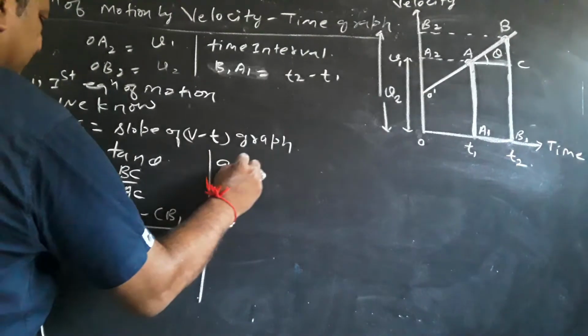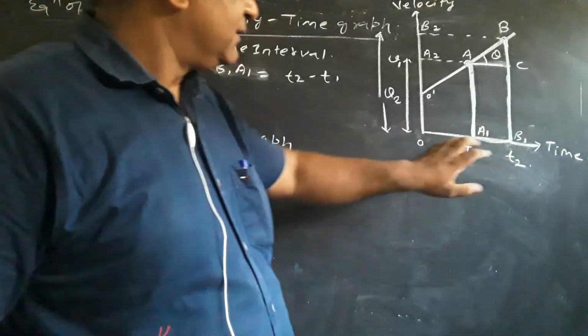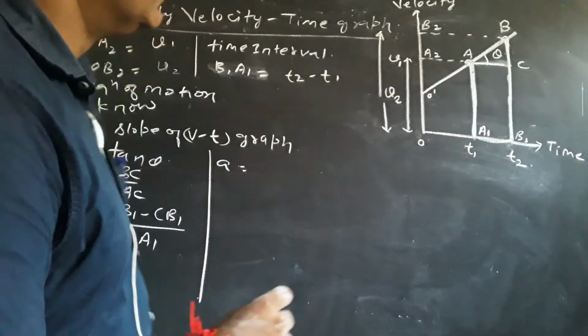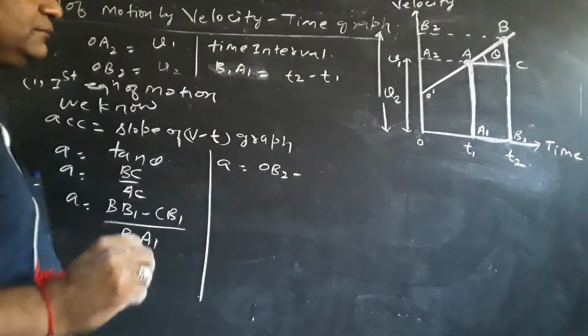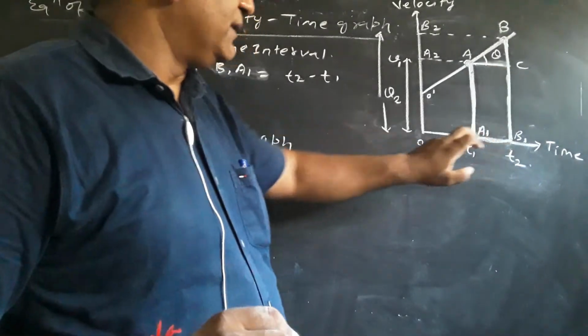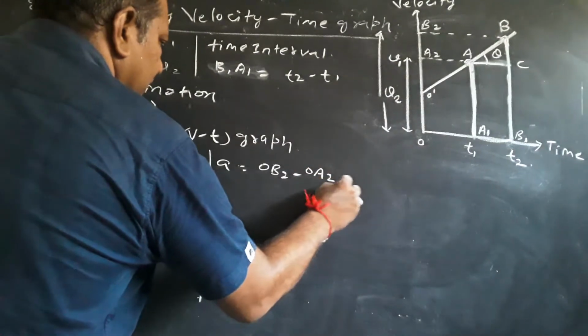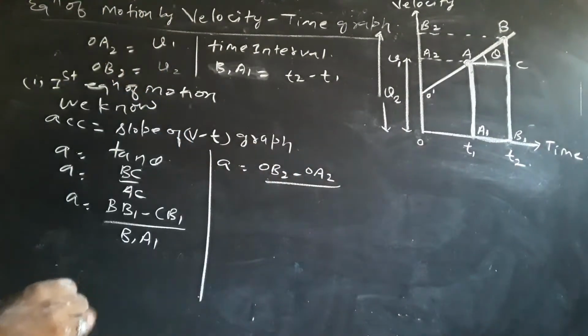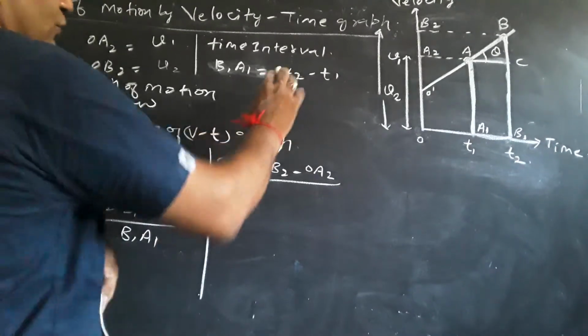Now acceleration, according to the graph, this BB1 is OB2, minus this CB1, which is OA2, upon B1A1. This is equal to T2 minus T1.